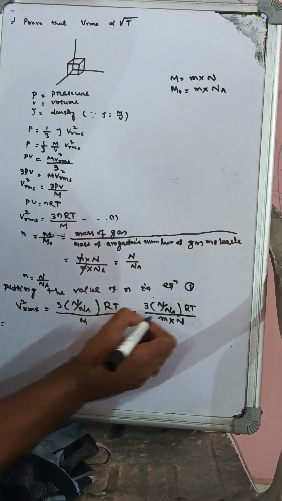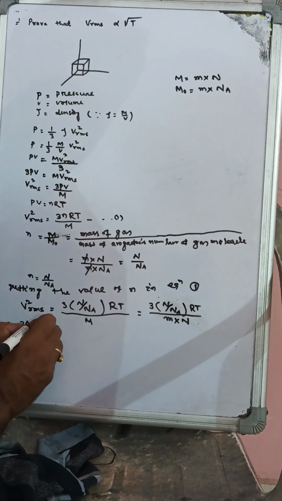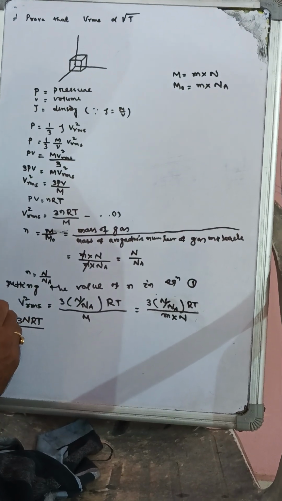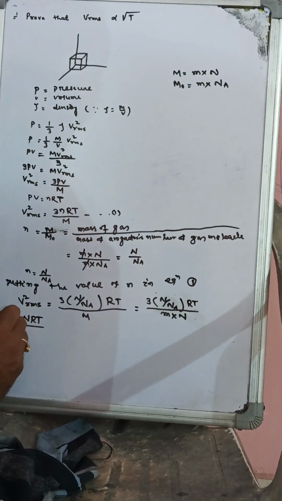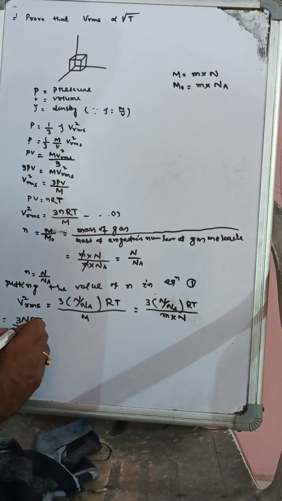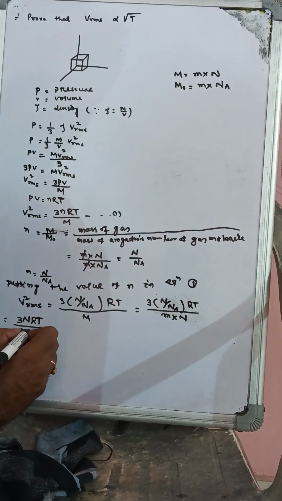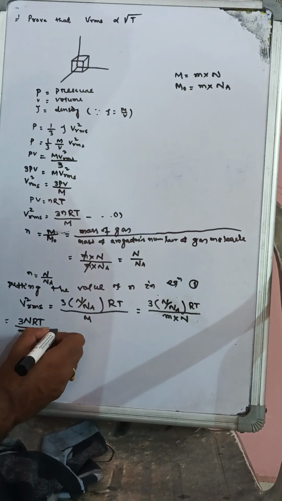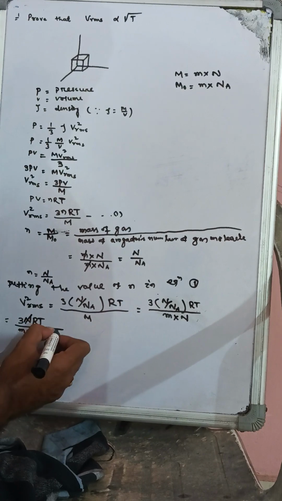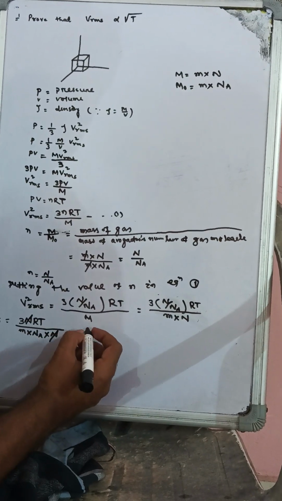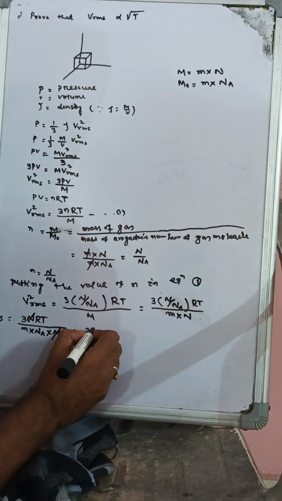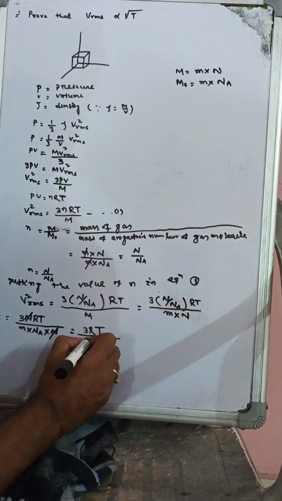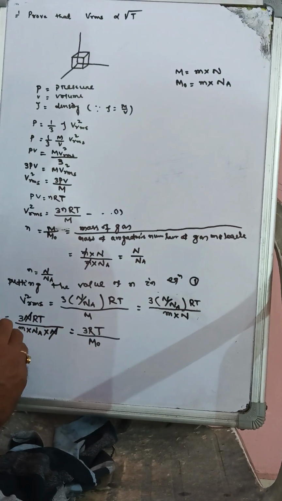Then we solve: Vrms square is equal to 3NRT divided by m into Na into N. Okay, then N will be cancelled and we get 3RT divided by m into Na, which is m naught.